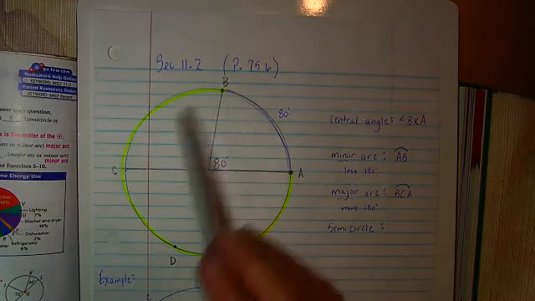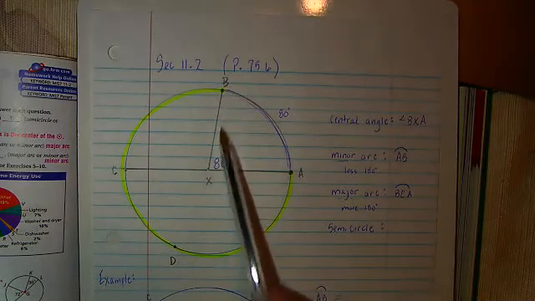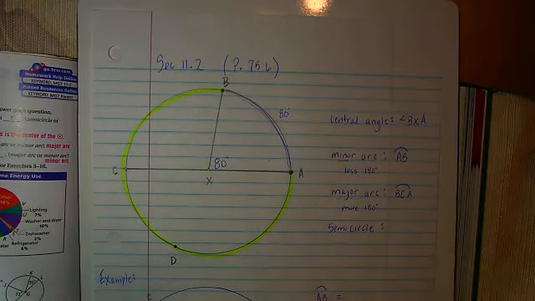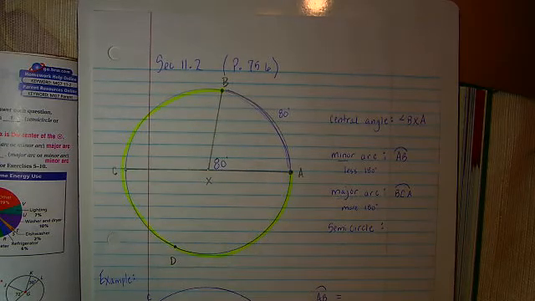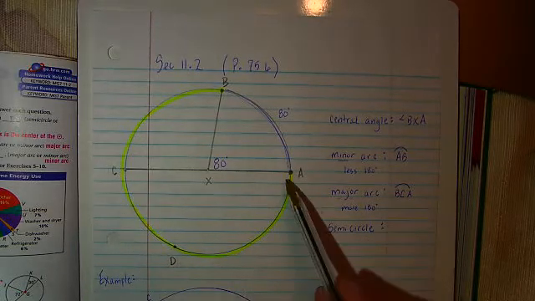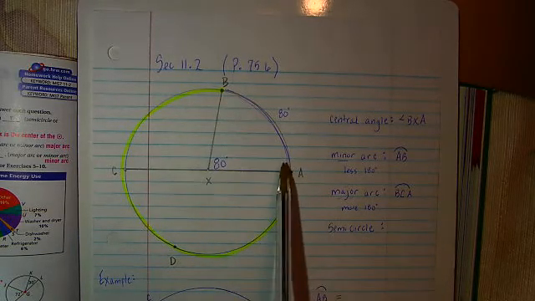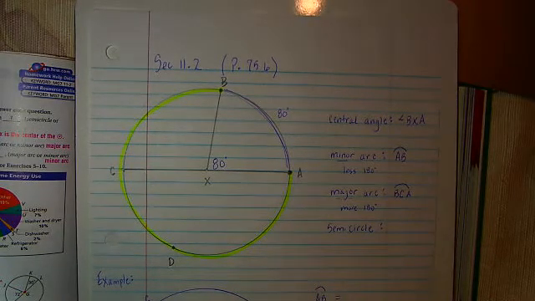So if my entire circle was 360 degrees and I used up 80 degrees right here, okay, if I take 360 and subtract 80, I know my major arc in this figure would be 280 degrees. All right, so 360 for the whole circle, we subtracted 80. Okay, that could give me my major arc measurement.